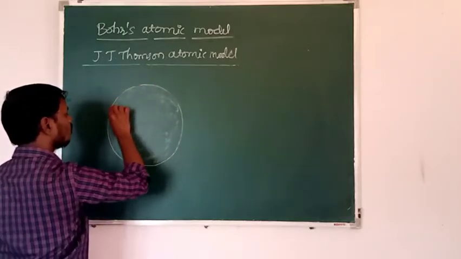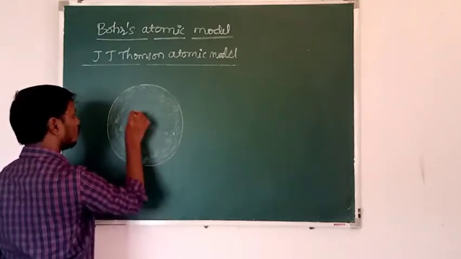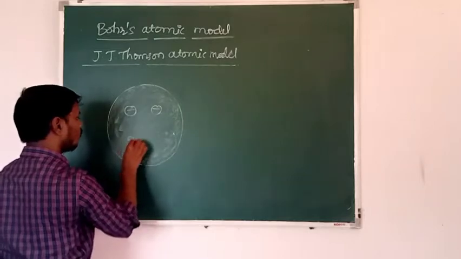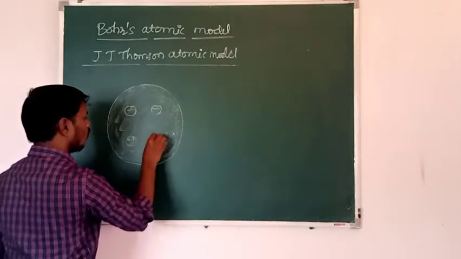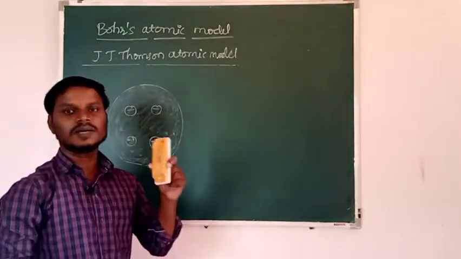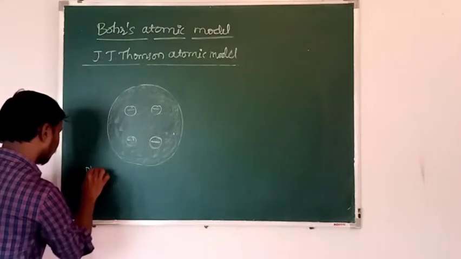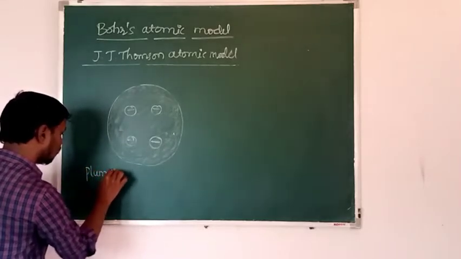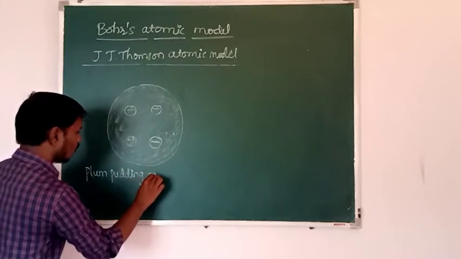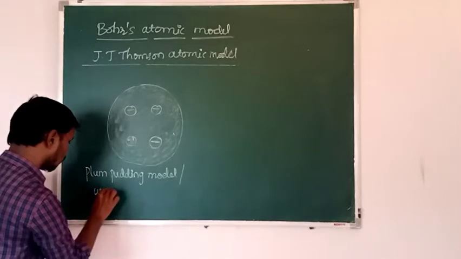This is according to J.J. Thomson, just like seeds in the watermelon. These are the electrons. This model is also known as plum pudding model or watermelon model.